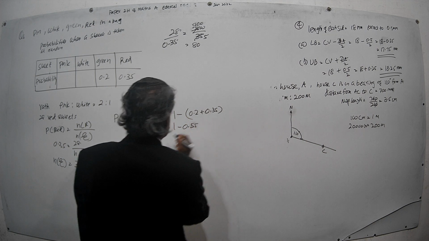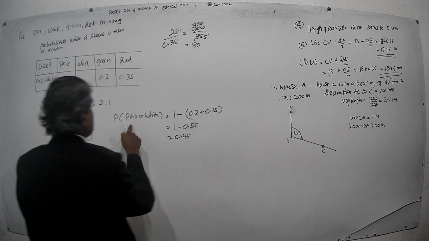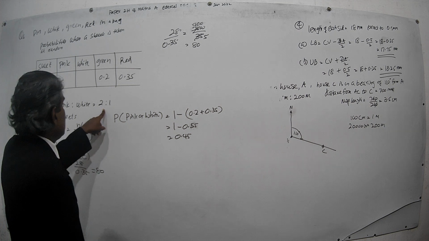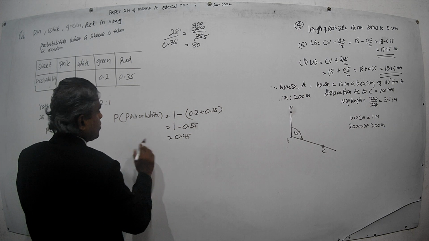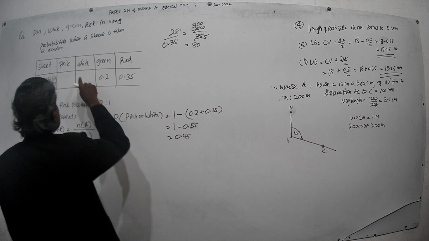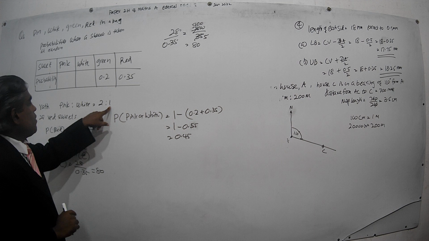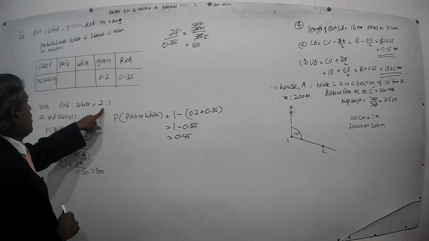So 0.55. Then you deduct this from 1, and 0.45 is the sum of these. Then the sum of these probabilities should be divided in this ratio. We need the white, no? White is 1 in the ratio, so white is 1/3 of the total of these two.